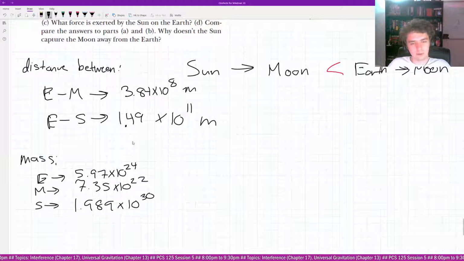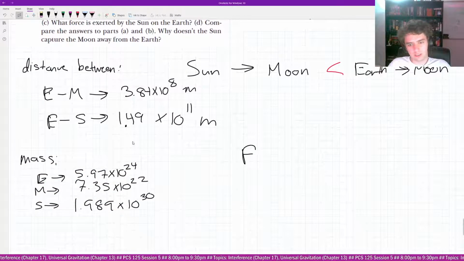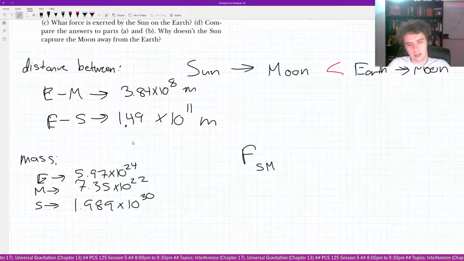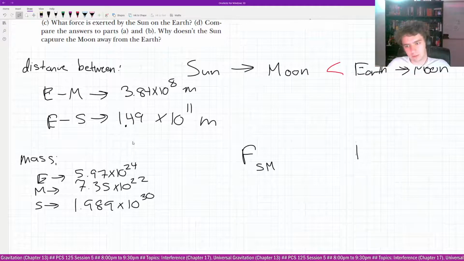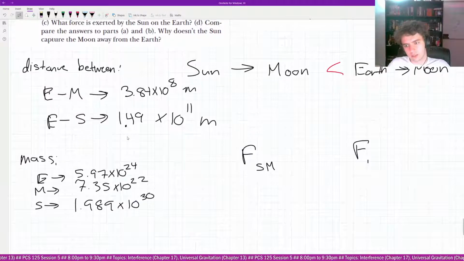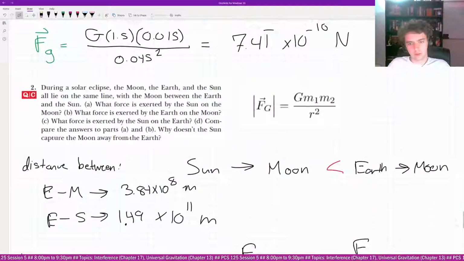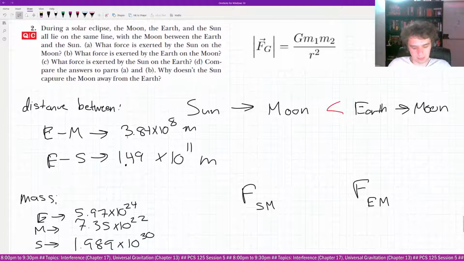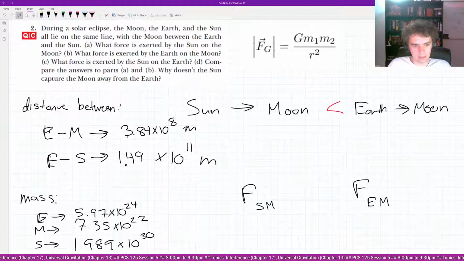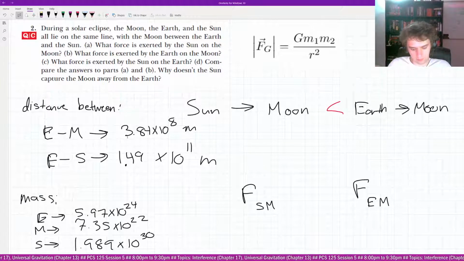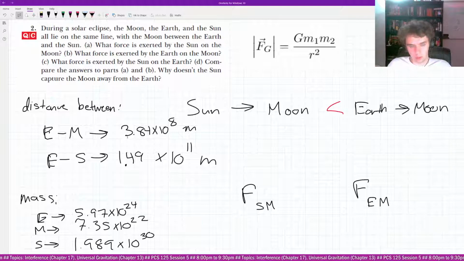Okay, so now force between the sun and the moon, and I'm comparing that to the force between the Earth and the moon. I'm just going to use the formula. It's going to be 6.67 times 10 to the negative 11 times the mass of the sun, which is 1.989 times 10 to the 30, times the mass of the moon, which is 7.35 times 10 to the 22, over the radius squared.